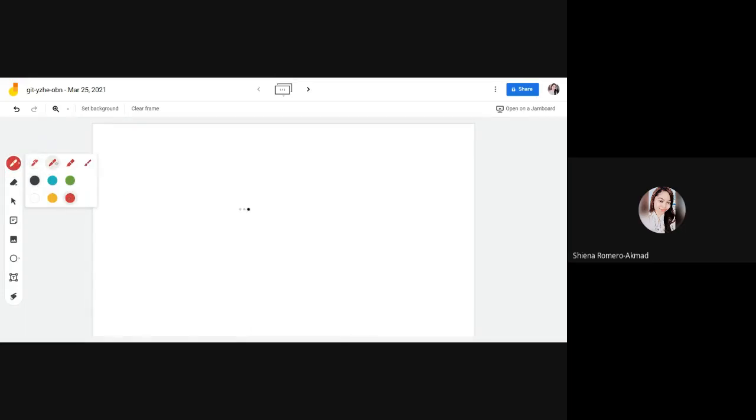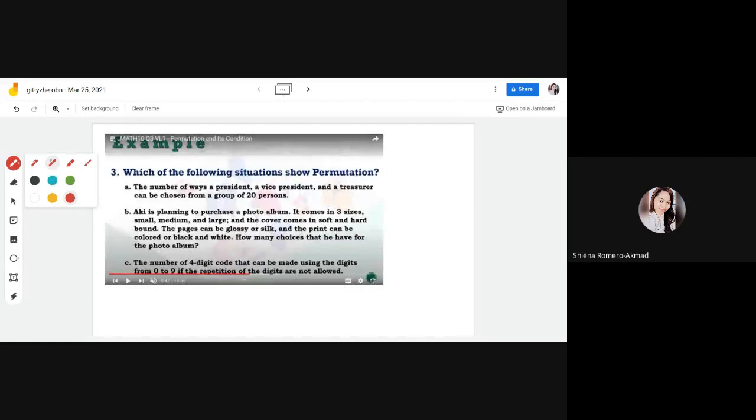So, ulitin ko. Hindi ko na makita yung mouse ko.